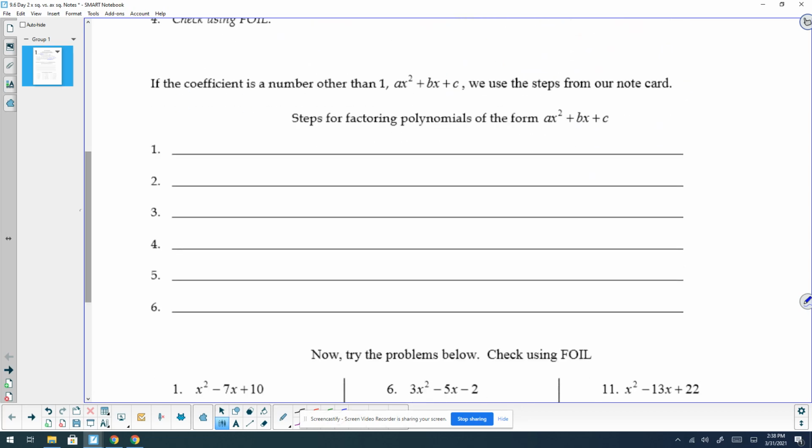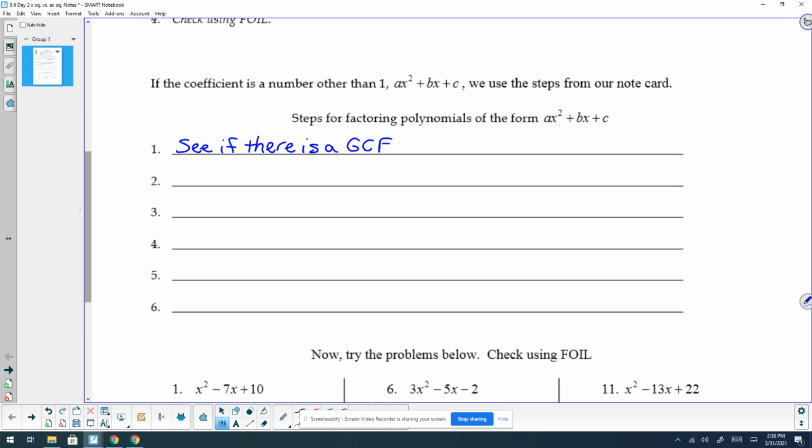Now, if the coefficient is a number other than 1, we have the form ax squared plus bx plus c. This is when there is a number in front. The first step is to see if there is a GCF.